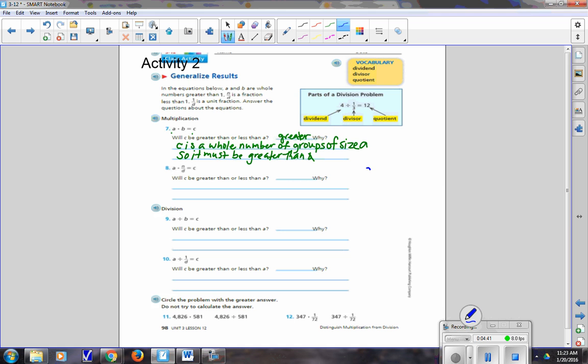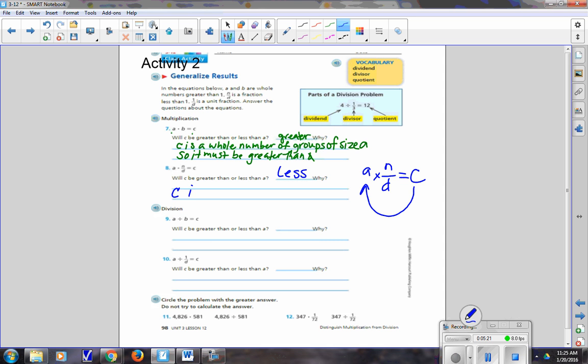So you have A times N over D equals C. Is C going to be greater than or less than this one? If you're talking about the number of things, A, in this many groups, are you going to have greater than or less than the amount you started with? Less. Good. Now you're starting to think.